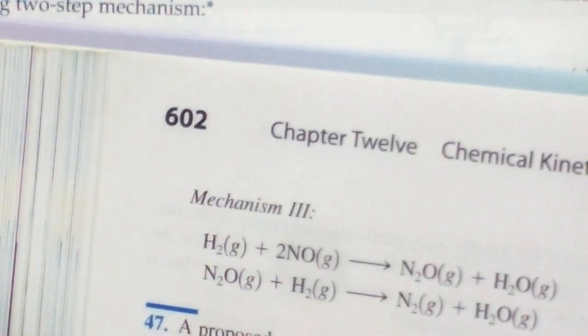Does the rate law match the slow step? What's the catalyst? What's the intermediate? And then there are going to be questions on draw the graph, right? And putting in the catalyst, everything that we did today.